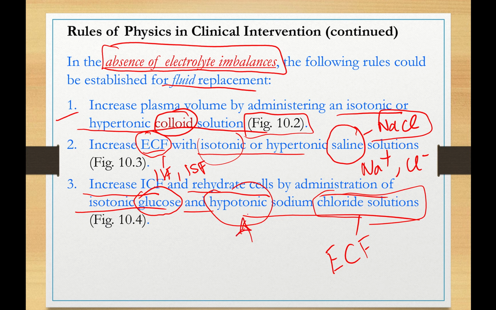So the hypotonic solution will become isotonic. See, these are very nice rules, and they do make sense. So at least now you can start thinking about, how do I fix the fluid and electrolyte imbalance? So these are our simple three rules, and again, I mentioned, in the absence of any electrolyte imbalance. Okay, this is very important.